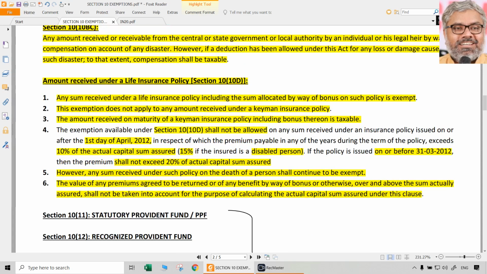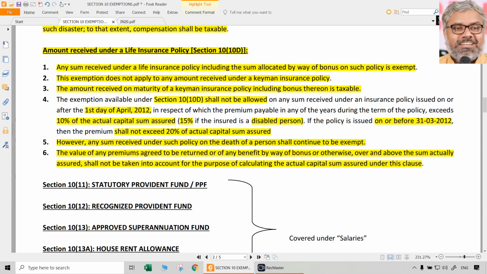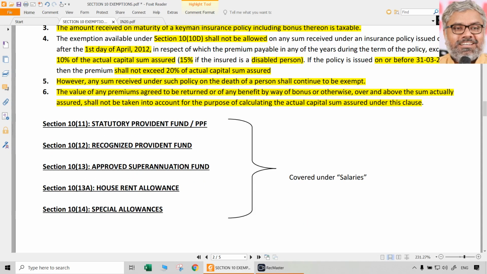That is for exemption in relation to proceeds from a life insurance policy exempt under section 10(10D), subject to conditions about the amount of premium as a percentage of sum assured. That is the only condition. And key man insurance policy is not covered by 10(10D). That is 10(10D).